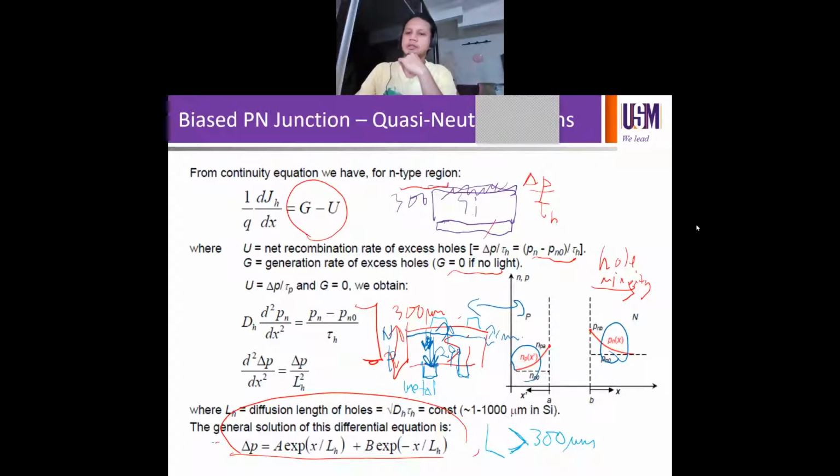Aniza, I've never called on Aniza before. Aniza, what do you think? Can we make a PN junction at the back of the device? Never mind whether it's silicon, gallium arsenide, or cadmium telluride. In principle, can we have a junction at the back? Any guess?